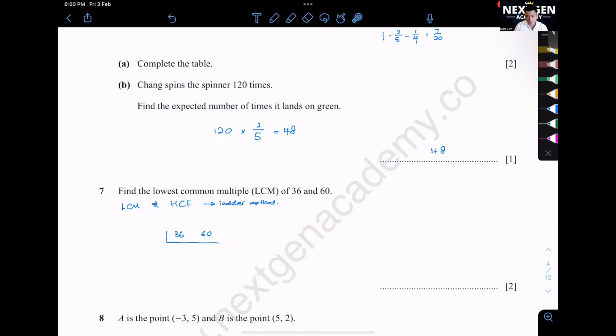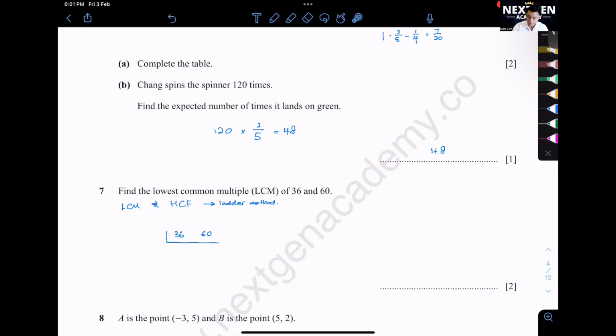I feel this is the best method because sometimes they may ask you 3 values, then ask you to find the LCM or the HCF. This is the most effective method. From year 7 until year 11 you learn various methods on LCM and HCF, but I feel that this method is still the best one.